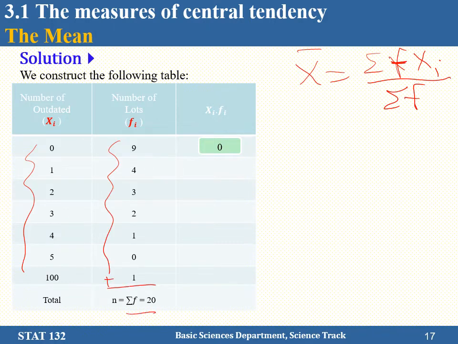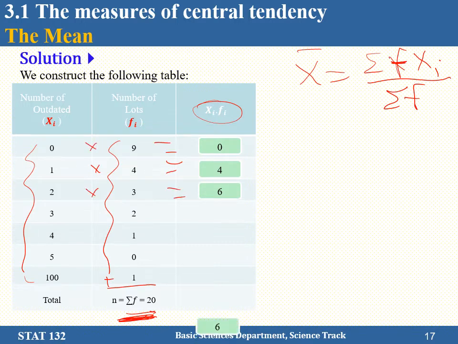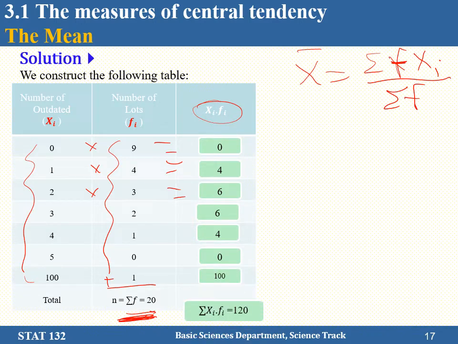You will get the n, the number of data values, 20, and then you multiply these xi times fi, so it will be 0, 4, 6, you multiply them, then again 6, again 4 times 1, and then 1 times 100.